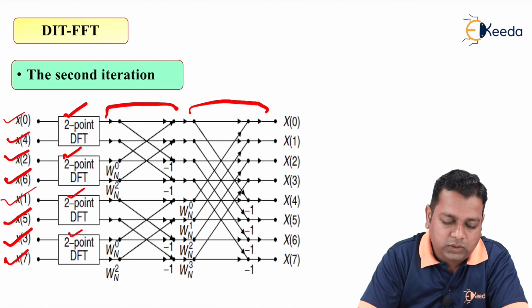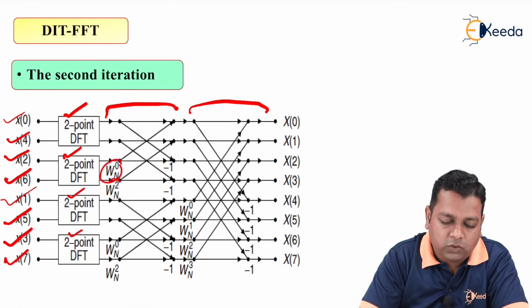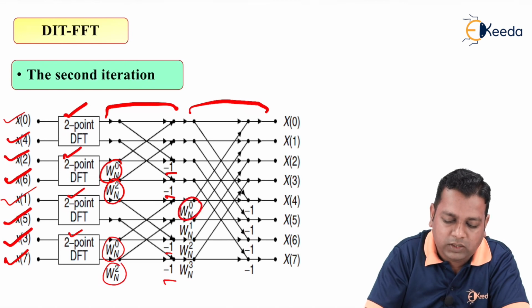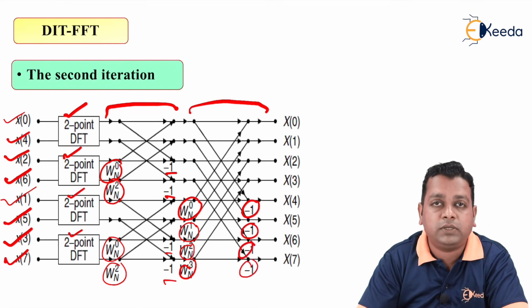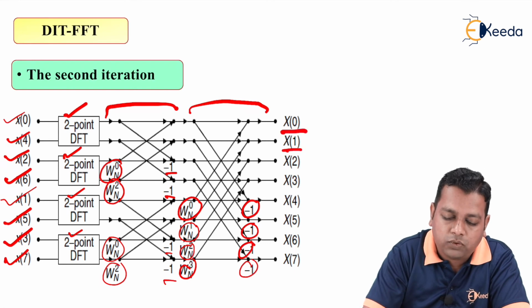In the same fashion, we have the twiddles with the 0 power, the 2 power, again 0 and 2 power, and at these places the minus 1 as the gains. The twiddles are again as in the previous diagram. This is the representation of the second iteration to provide us the output sequence values, capital X of 0 to 7.